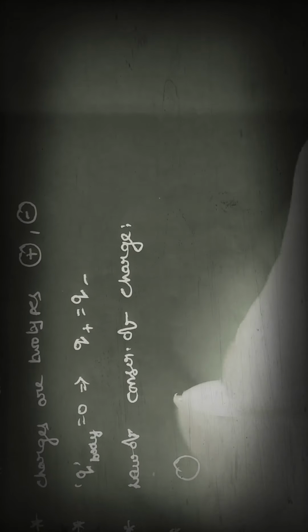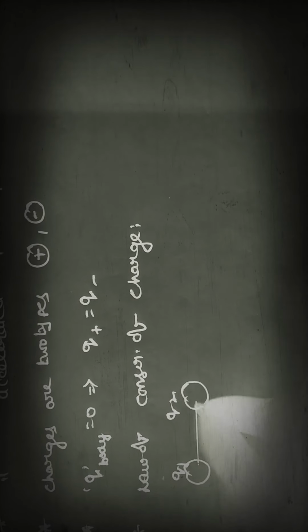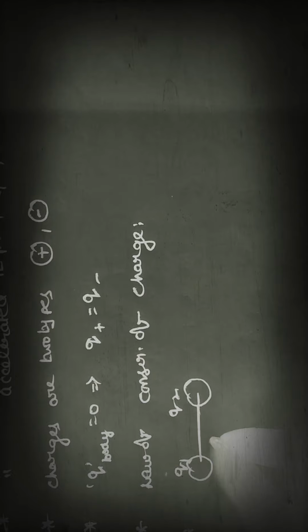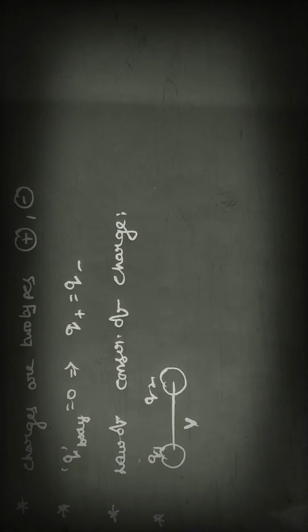If two bodies having charges Q1 and Q2 are connected by a common wire, then they will acquire a common potential.